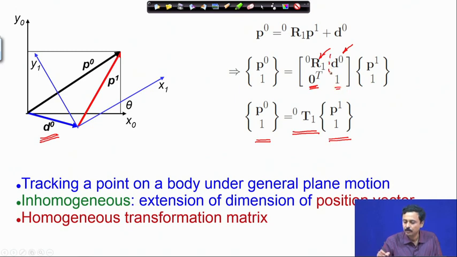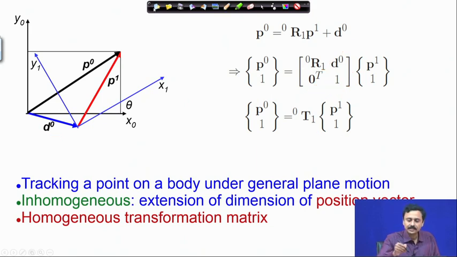So, we can apportion this homogeneous transformation matrix as the rotation matrix as the top left entry, the translational vector as the top right entry as a column vector, and the bottom left entry is a row vector of zeros, and the bottom right entry is a scalar 1.